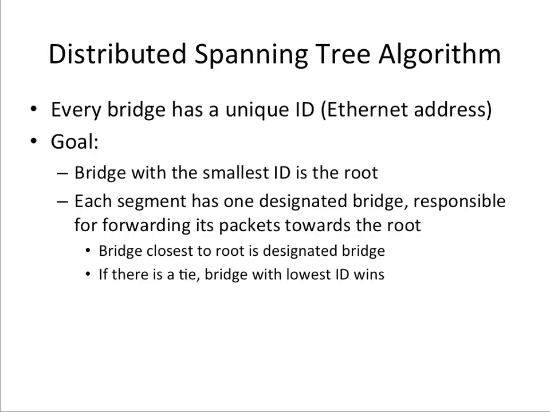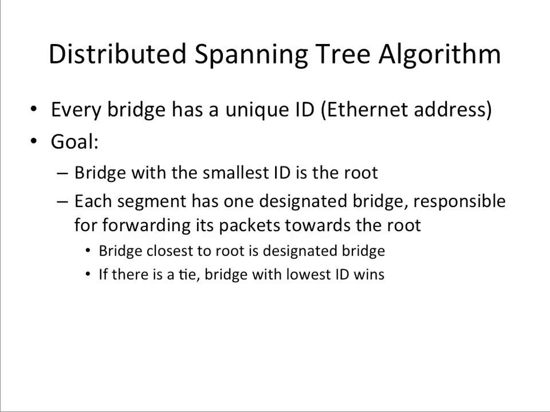So fundamentally, smallest or largest doesn't matter. What matters is that when all the nodes in the network run this algorithm, there's only one node that thinks it's the root. That's the key requirement, not the smallest ID or largest ID. It turns out smallest ID or largest ID happens to be a way to get to that requirement. Okay? All right?